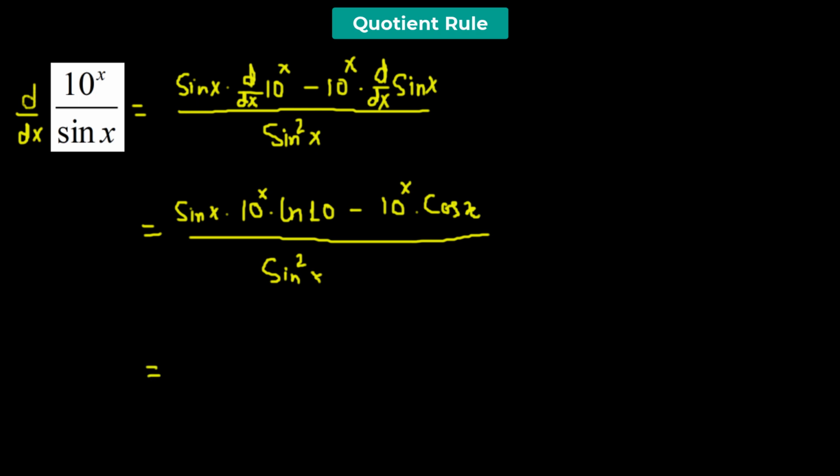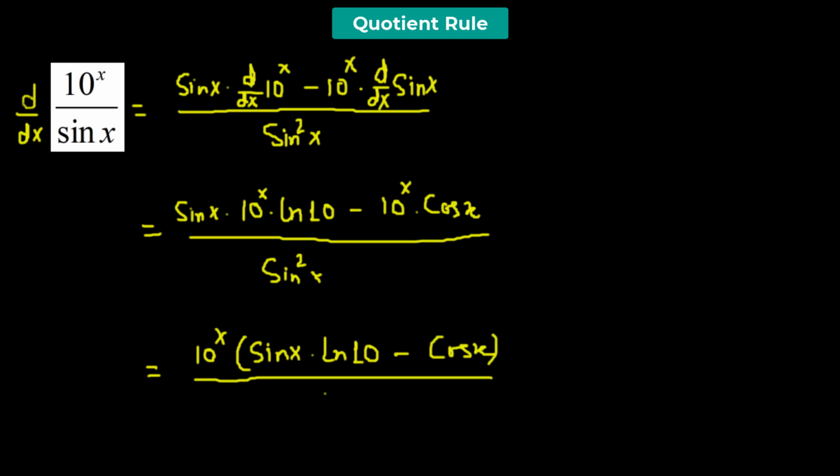Now we can take 10 raised to the power of x as the common factor, so we'll have sine x times natural log of 10 minus cosine of x divided by sine squared x. So this is the derivative of the given function with respect to x.